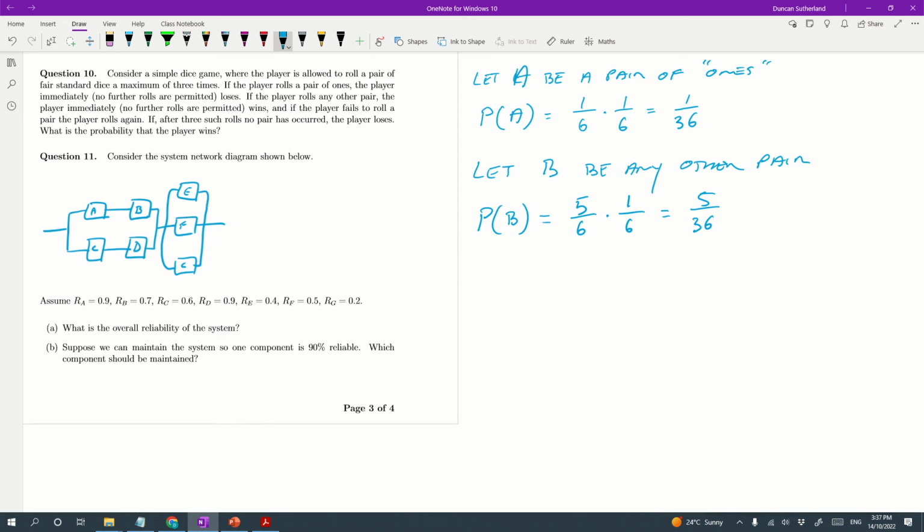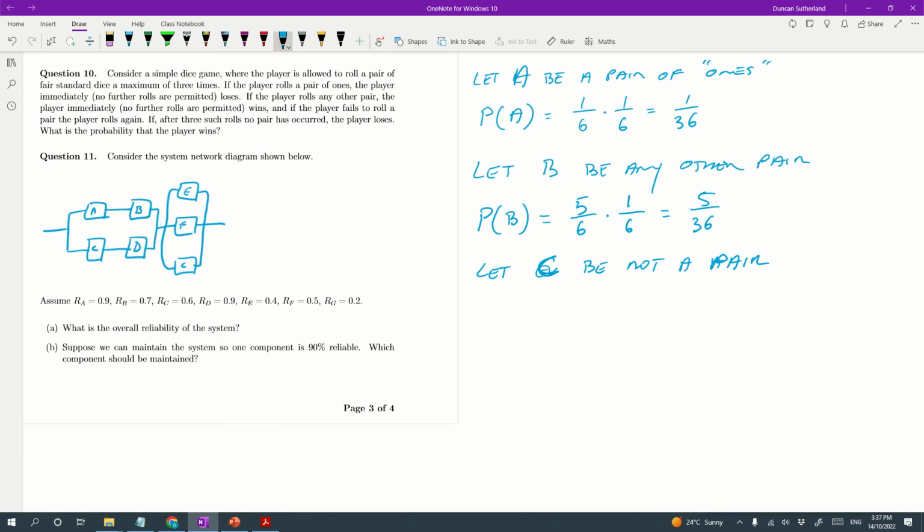So how we want to think this through, we can assign event C. Let C be not a pair. So C is the complement of A and B, if you like.